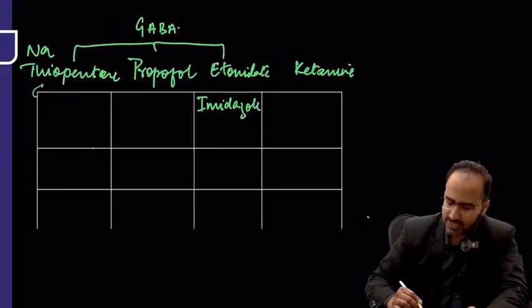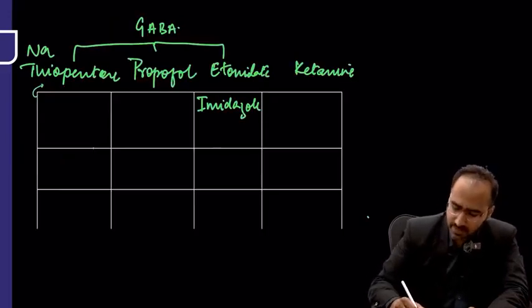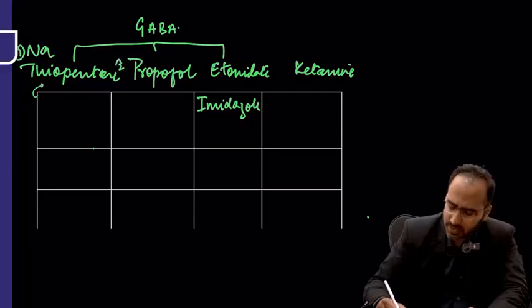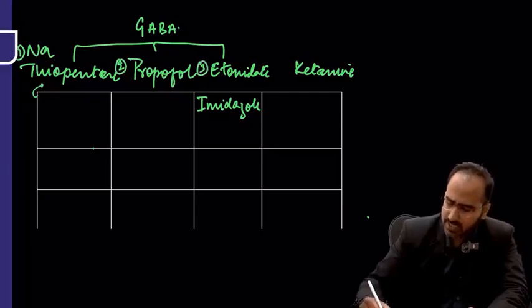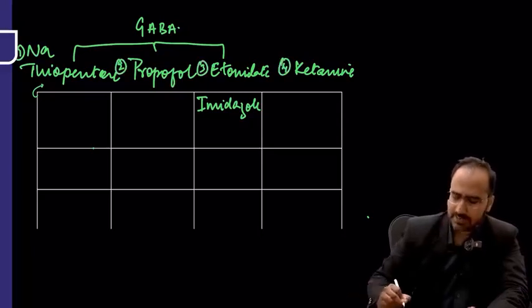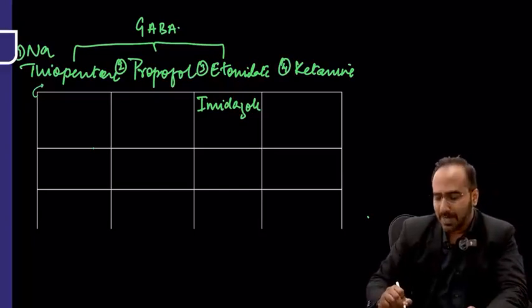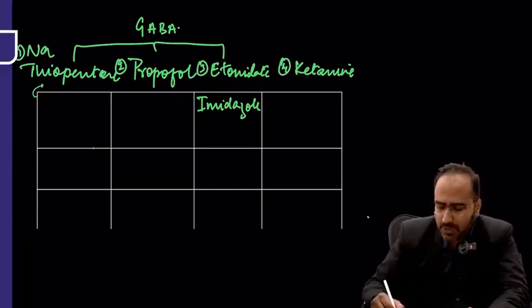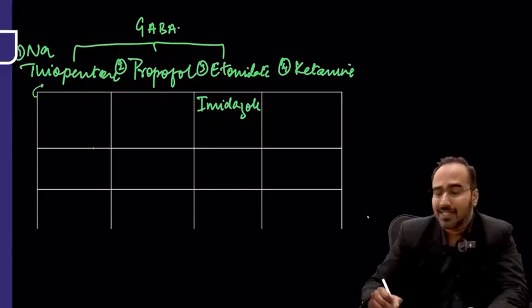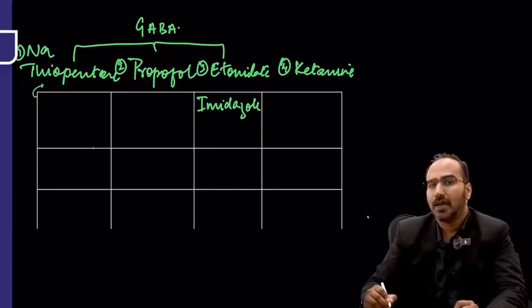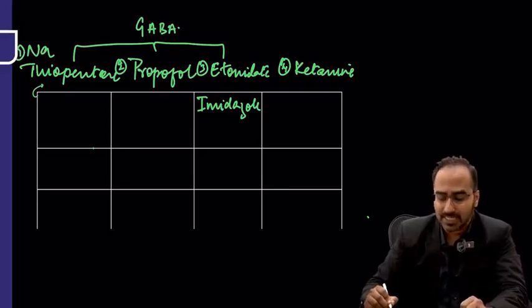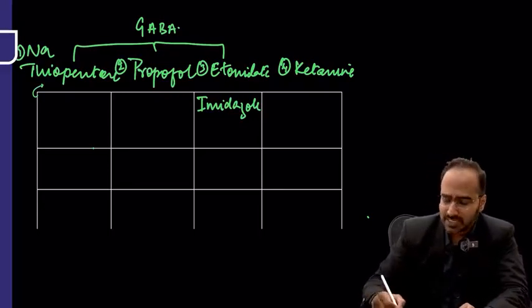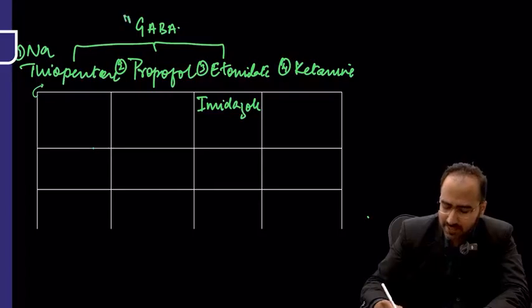In the non-barbiturates, just look over here, guys. There is sodium thiopentone, there is propofol, there is etomidate, and there is ketamine. Now, remember, sodium thiopentone, propofol, and etomidate are commonly used induction agents that produce unconsciousness by acting on what receptors?